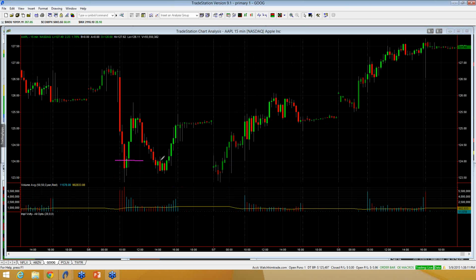If I just draw a line here at 124, you can see that this action on May 6th, you spent about an hour beneath 124, but you kept showing bounces back above it, back towards it. And then on May 7th, you had pre-market action beneath 124, but couldn't stay below it once the market opened, ended up closing well above it.